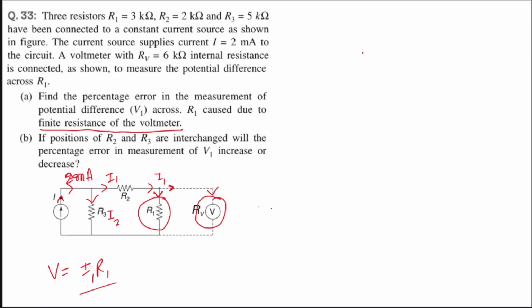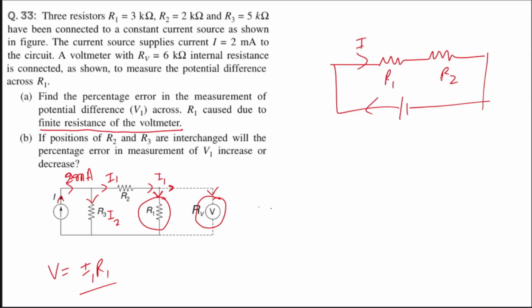And that is why the error, because look, what is the work of a voltmeter? Suppose we have this circuit, and here it is like this, okay? And in this circuit some current was flowing, I value of current. Let's say this is R1, this is R2. Now across R2, what is the potential difference? IR2. So we want to measure this IR2 with the help of a voltmeter.